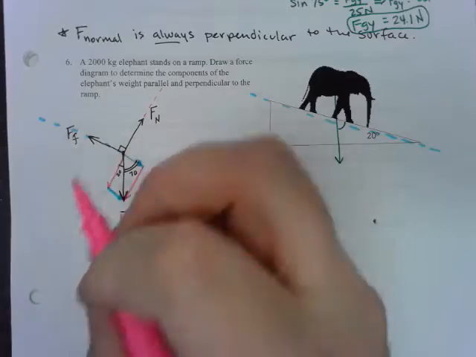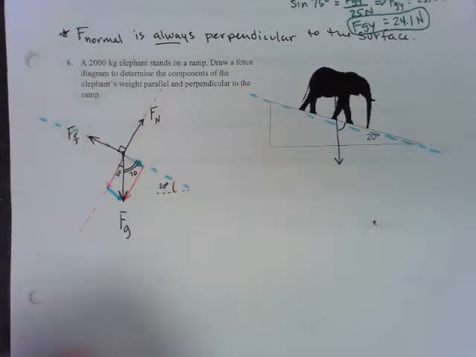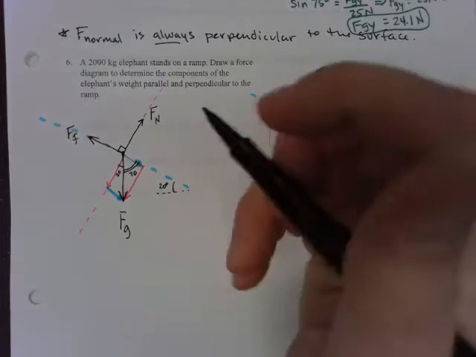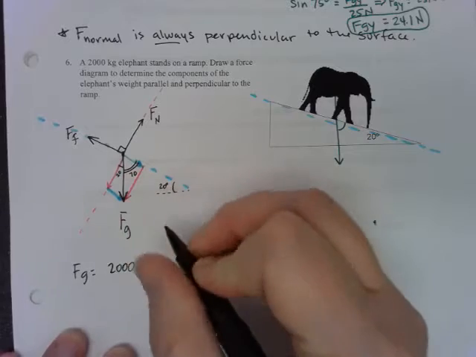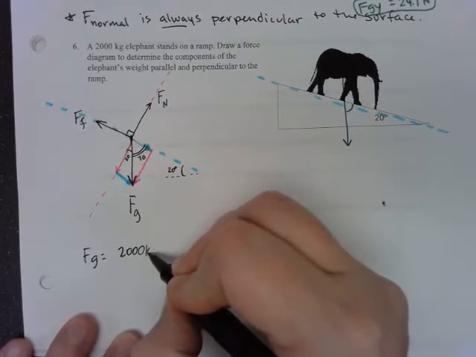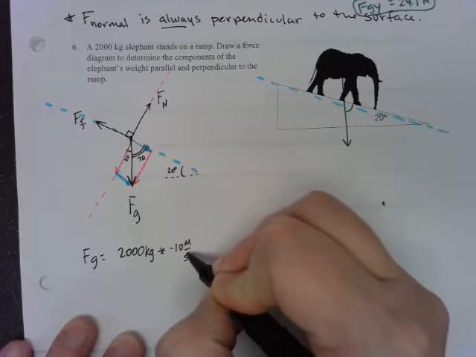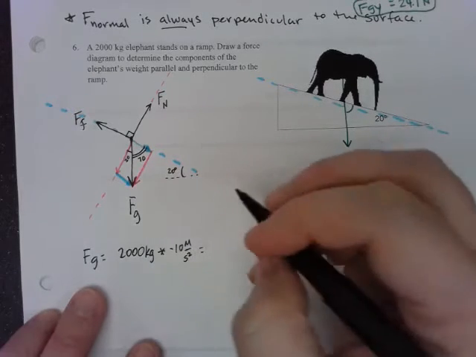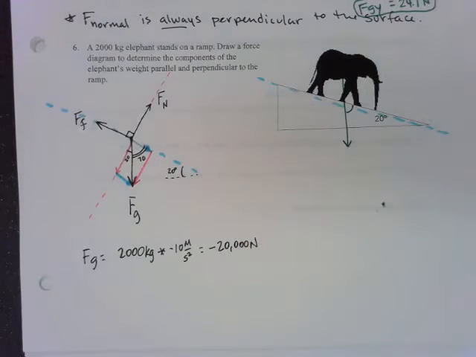So for numbers, we are told that our elephant has a mass of 2,000 kilograms. So how many newtons would that be? To figure it out, we're going to do our 2,000 kilograms times minus 10 meters per second squared. So that's going to have a force of minus 20,000 newtons.